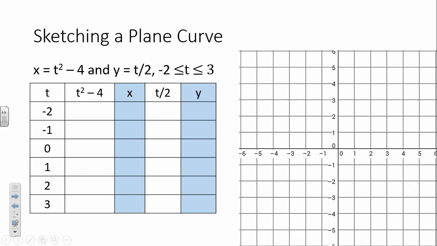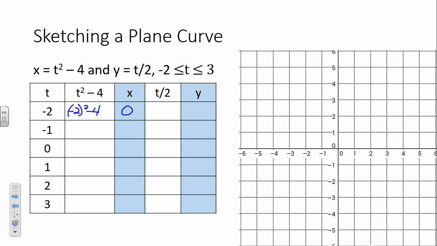I gave you a starting point: let t be -2, -1, 0, 1, 2, and 3. When we plug in -2 everywhere we see t, we have -2 squared minus 4, which is 0. So when we plug -2 in for t, we get 0 for x.